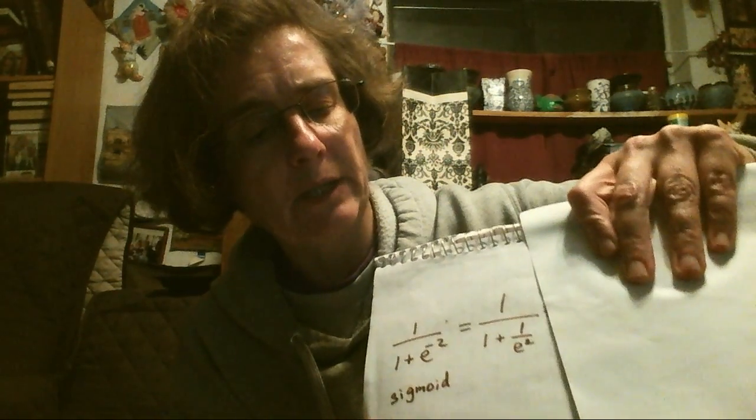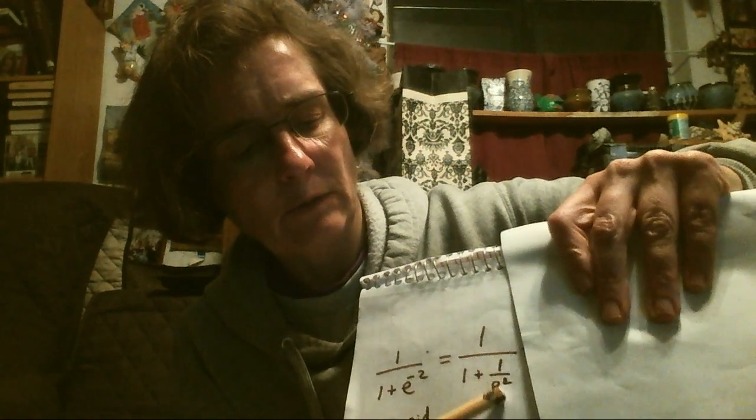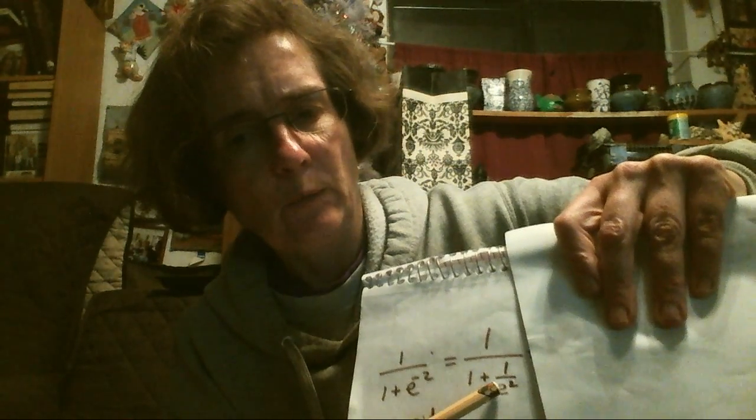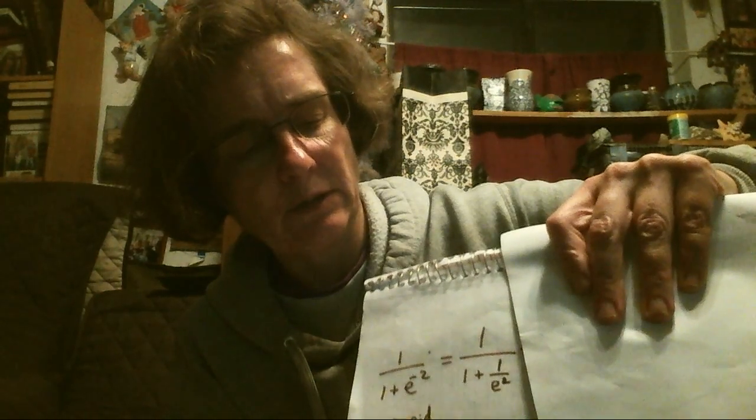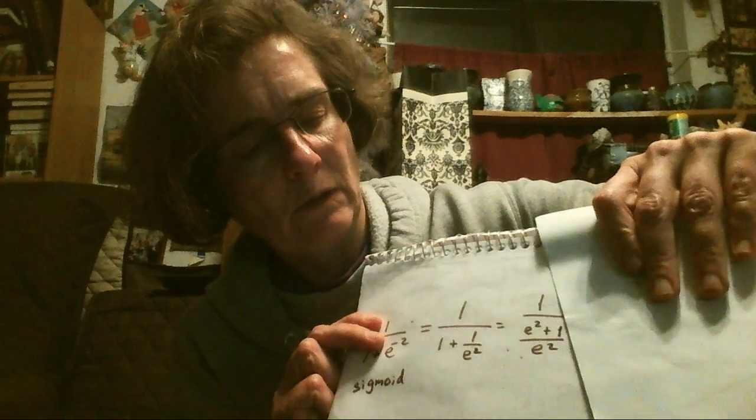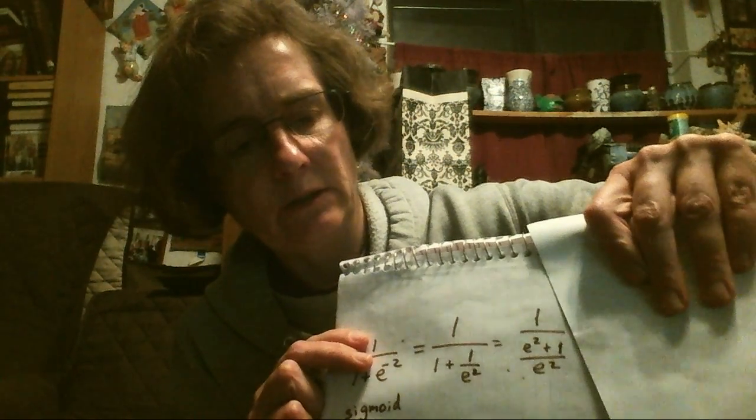I'm going to have -2 right here, and I have exponent of -2. That -2 will kick my exponent into the denominator, so I will have that kind of function, and we're going to have a common denominator over here, exponent of 2.